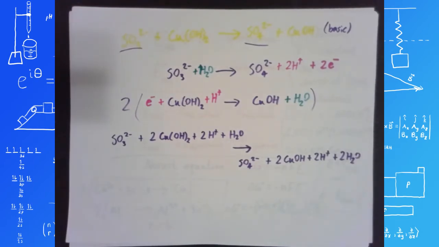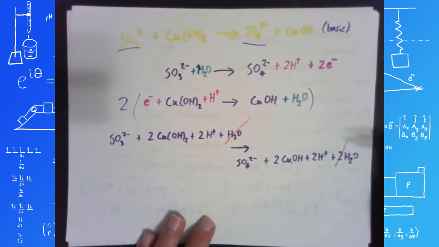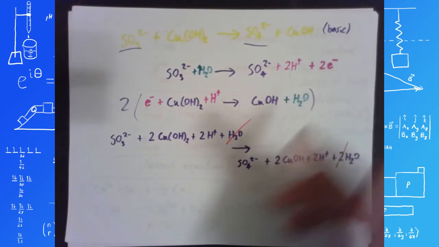Cancel out anything that shows up on both sides, so I can cancel 1 water each. I can also cancel the 2 hydrogens, but I'm not going to do that because I want to actually show the additional 2 steps for dealing with basic solution.